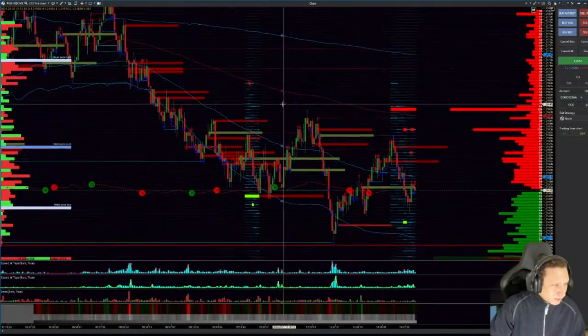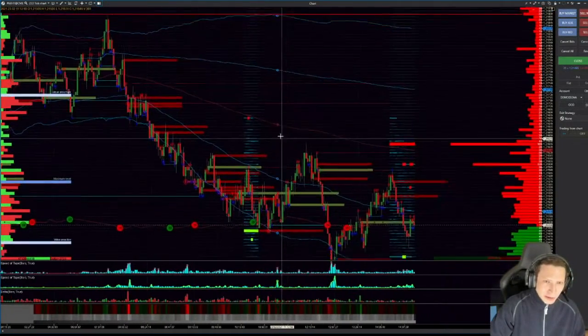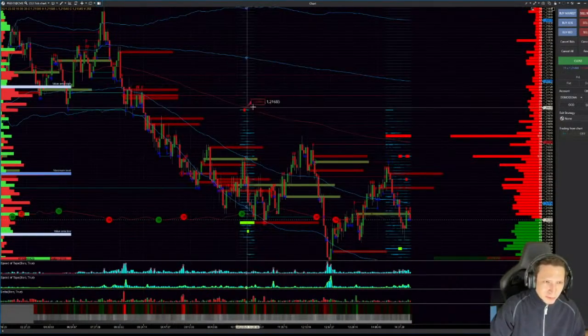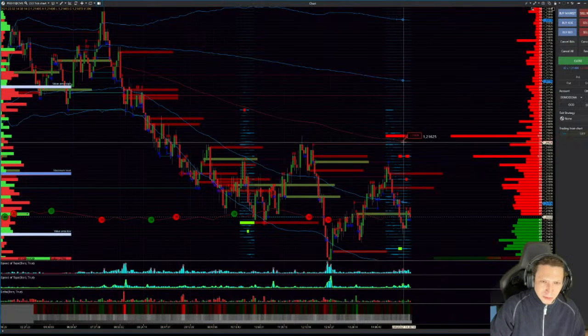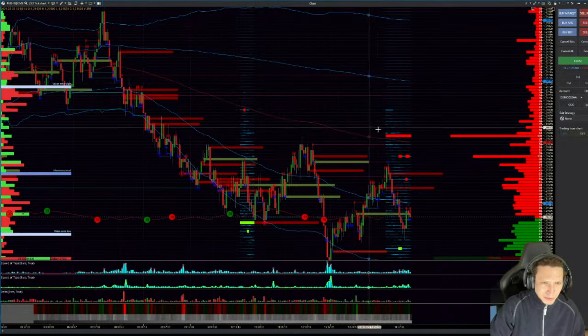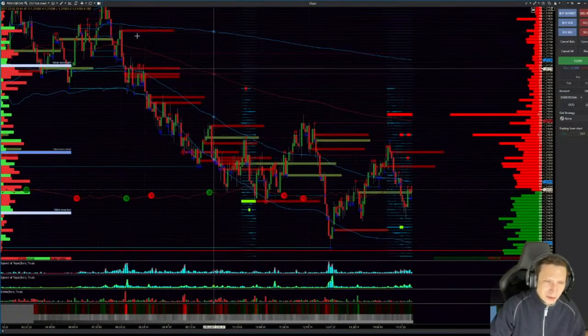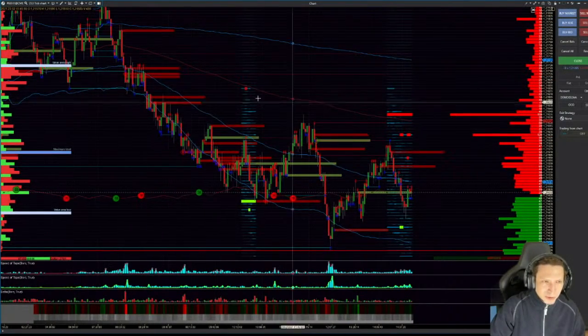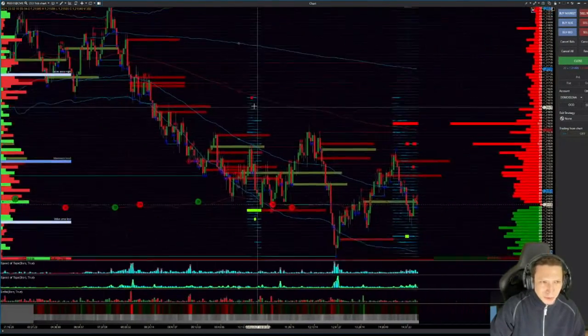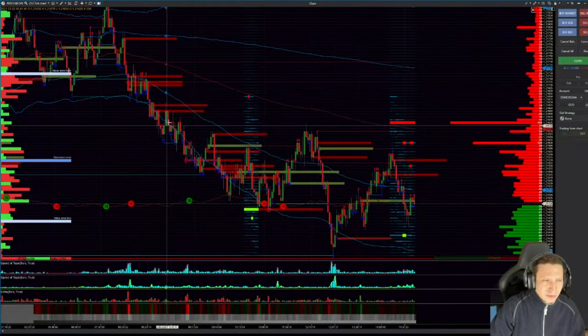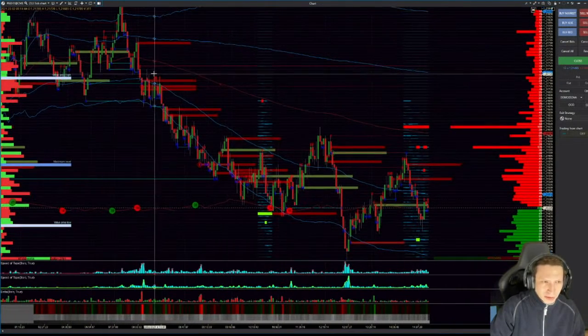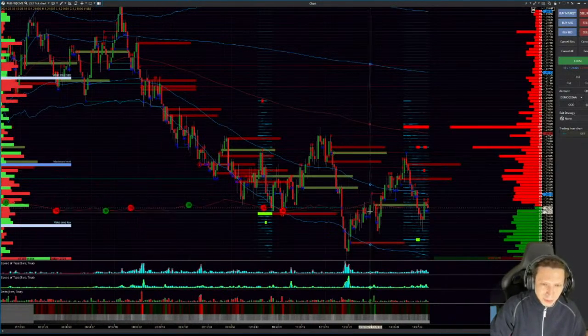So as you can see here, I like to use the volume average, the VWAP. This red line you see here is the VWAP, and these blue lines are the deviation of this VWAP. So it's very good to show me on this chart that it's actually going on a downtrend at the moment.